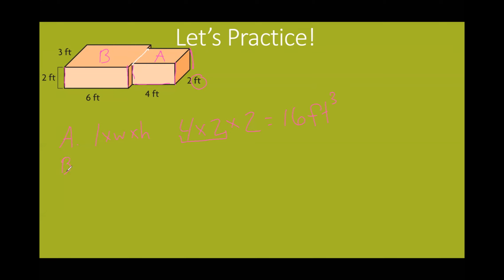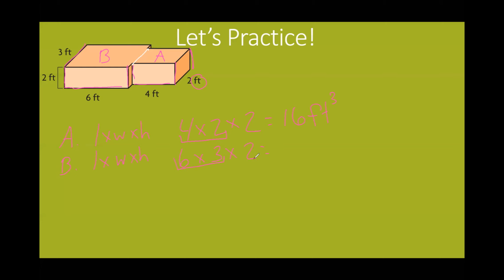All right, let's see if your answer matches mine. Again, length times width times height. And the length of B is 6 feet. And the width of B from front to back is 3. And then the height we see is 2. So 6 times 3 is 18.